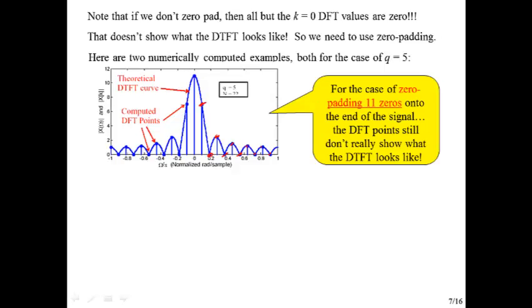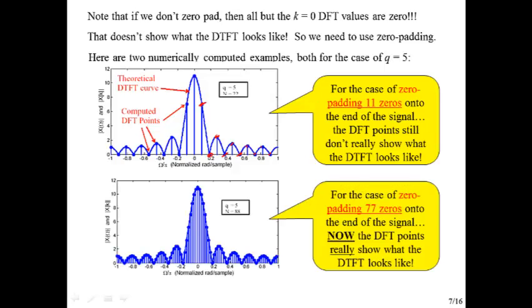We've got that. But still, if I only had those dots, I'm not really seeing much of the shape of this underlying DTFT. So if I zero pad now, tack on 77 zeros onto the back of these 11 ones, now this is what I'm going to be seeing with my DFT. Now you'll also notice that I'm plotting this from minus pi to pi, so I'm taking those upper points and bringing them down to be the lower points.